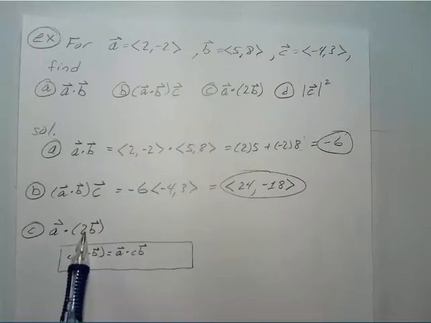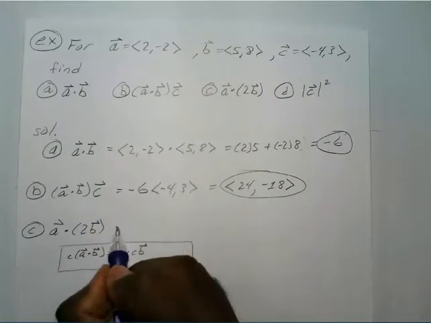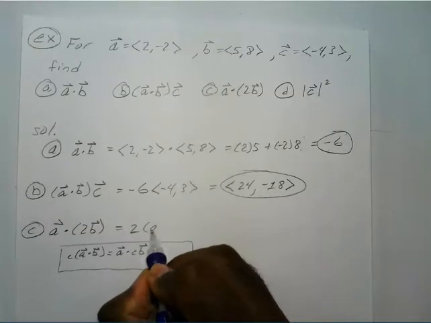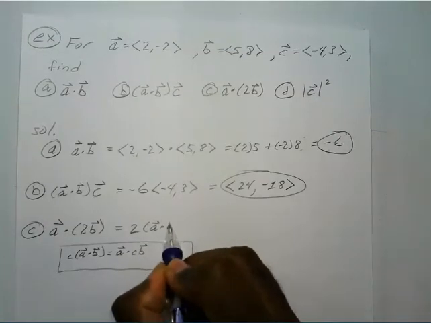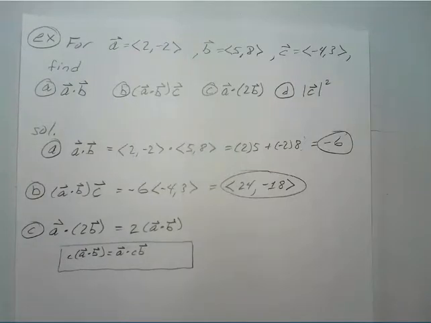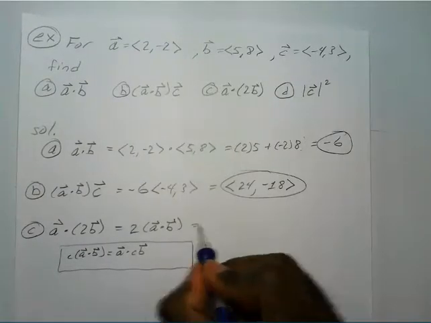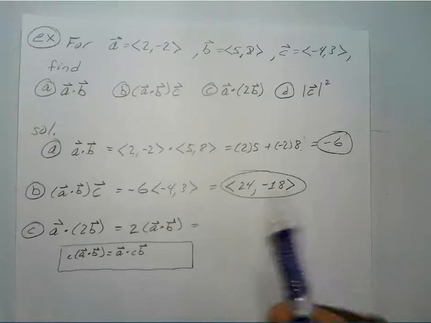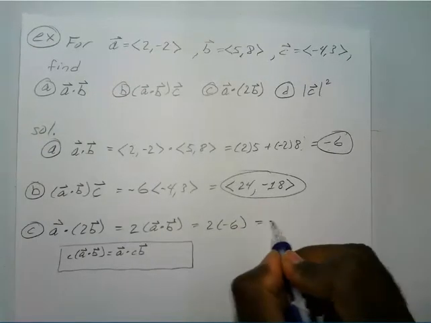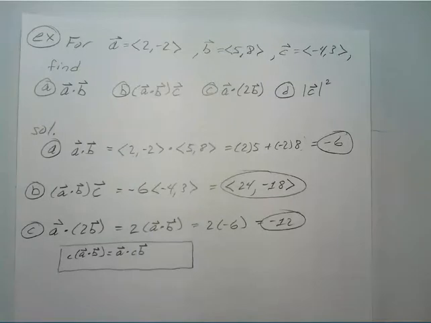So that means we can just pull that constant right on out. So that's just 2 times the dot product of A and B. And we know the dot product of A and B is -6, so that's 2 times -6, which is -12.